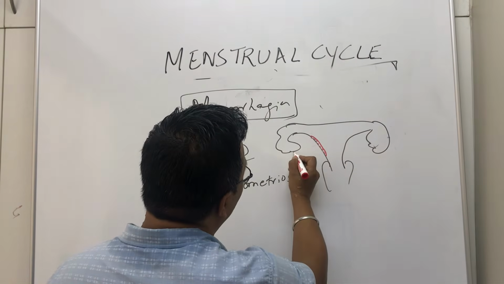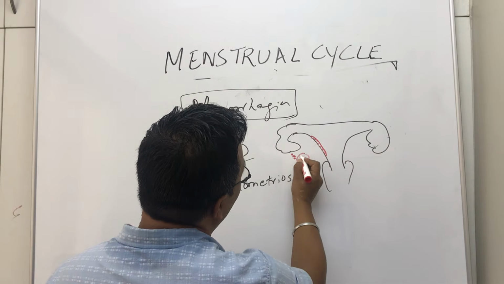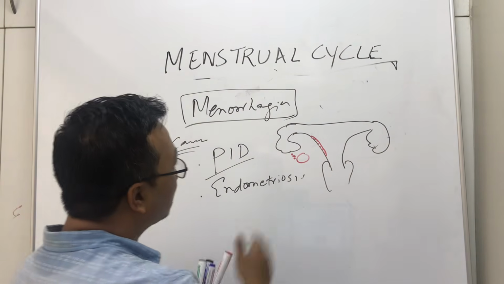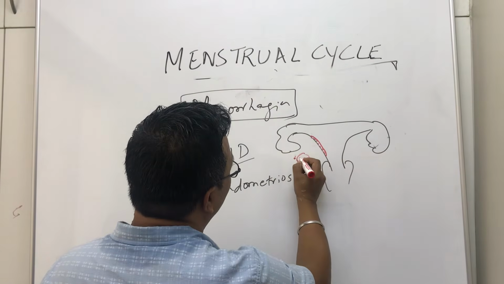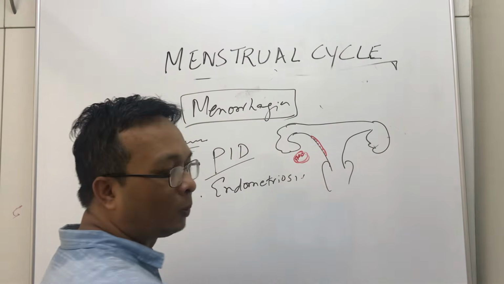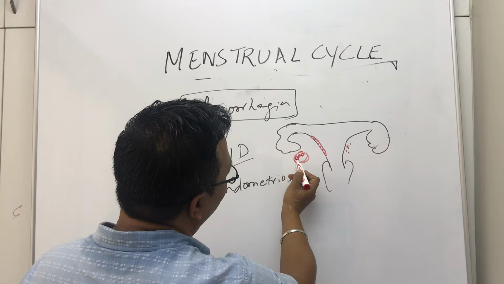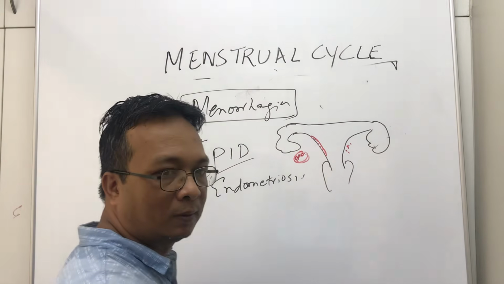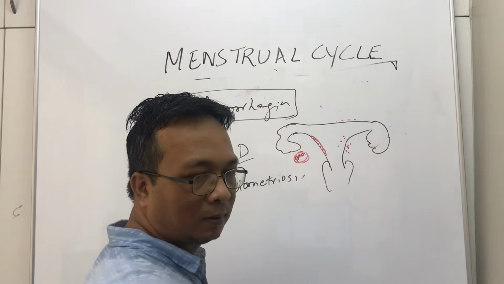So sometimes endometrial tissue is present over the ovaries. There is some ectopic endometrial tissue near the ovaries; it can be anywhere.